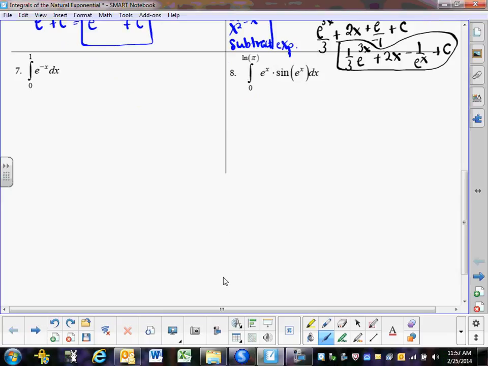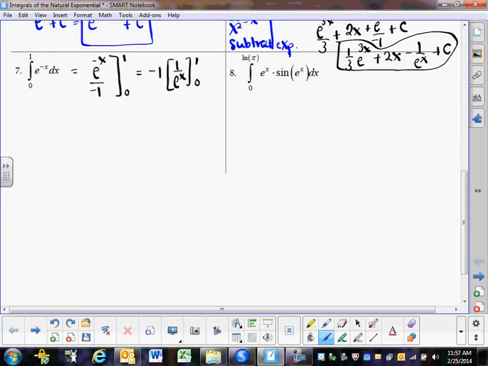Okay, 7 is another perfect example of simple e. So when I antiderive, there's no u sub. So it's e to the negative x divided by negative 1. And since there's no u sub, there's no reason to change out my limits. Before I substitute and simplify, I would pull out the negative 1, write this as 1 over e to the x before I substitute in.